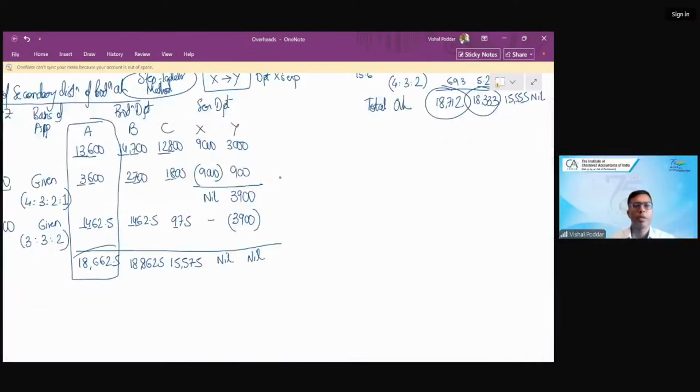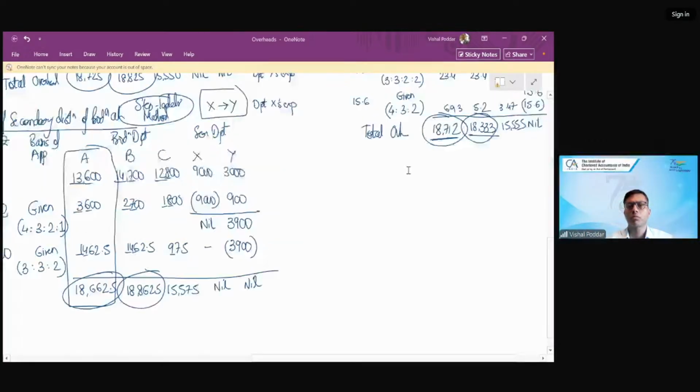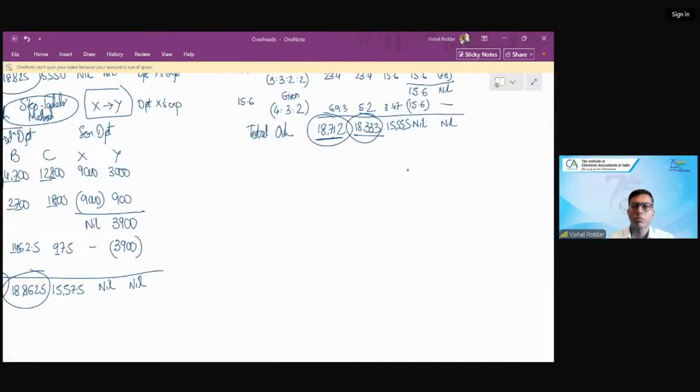Similarly, if you compare it with the second method also, the answers are different. They will be different. Why? Because the approach, the concept in each of the three cases is different. Very good. Okay, Harsha has corrected me. She says it is 18,832. So it is corrected. Fine, students.